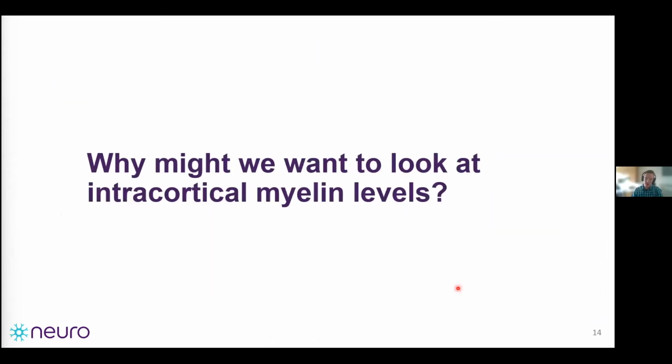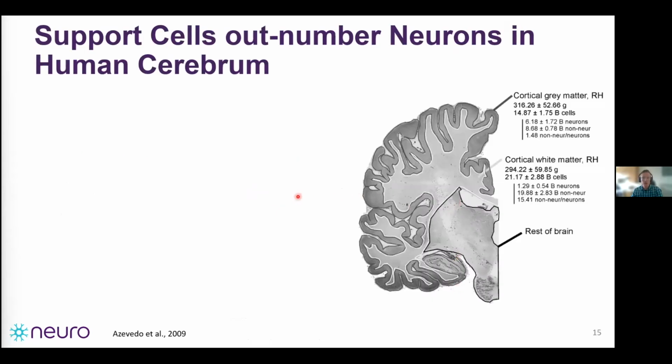So from a biological perspective, why bother looking at the MRI signal if it's going to tell us about myelin? What's so great about myelin in the brain? While neurons are responsible for the computational processes that occur in the brain, they don't do it alone. The gray matter, which contains both neurons and glial cells, sees neurons being outnumbered by a factor of about 1.5.